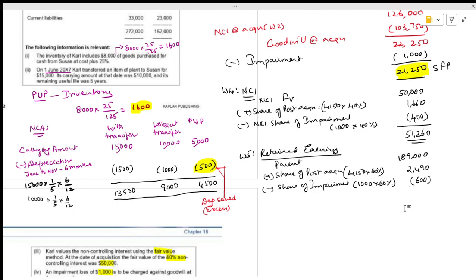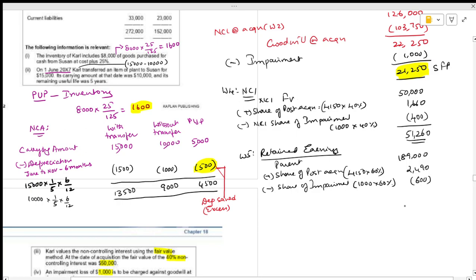Because of this, how much is the loss incurred by the parent? 15,000 minus 10,000. Is it right?